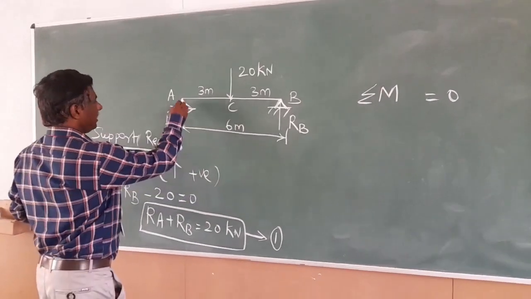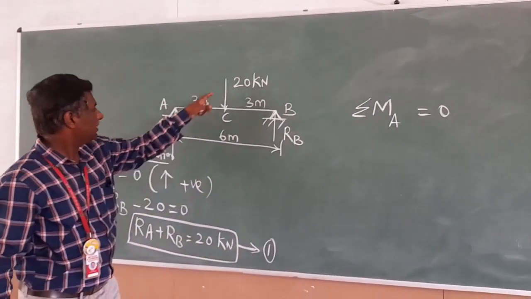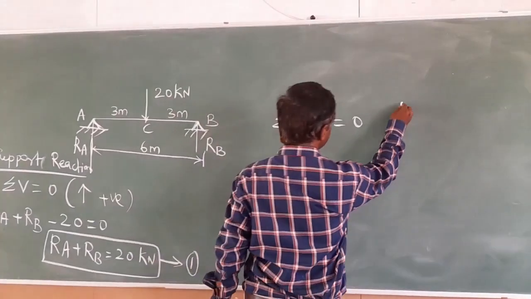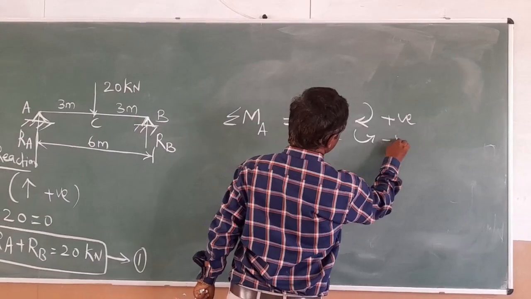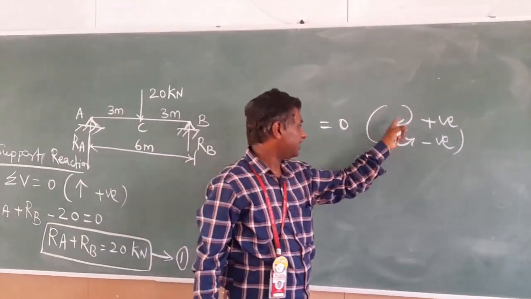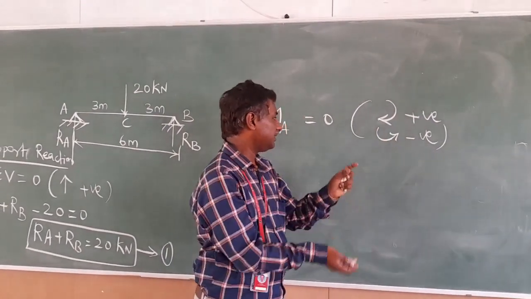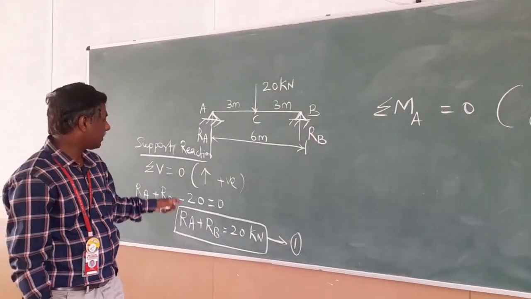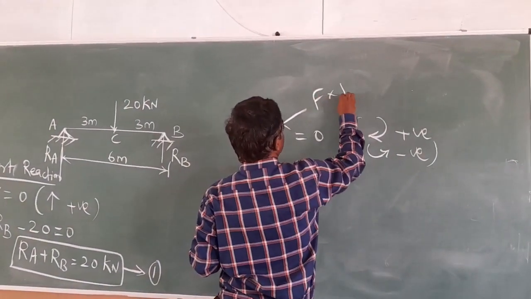So I am taking point A. Now all the forces will travel to point A, and the sign convention is clockwise positive, anticlockwise negative. You may also take the reverse; there is no problem, it is according to our convenience. Moreover, bending moment is nothing but the force into the perpendicular distance.